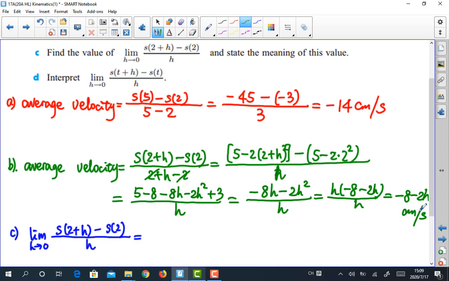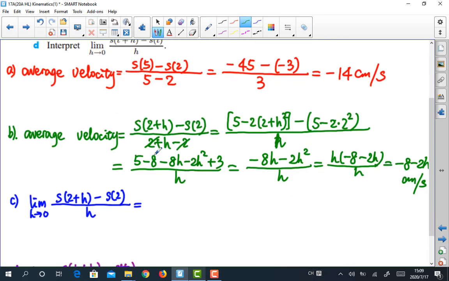So how can we find the value of this limit in C when h approaches 0? That means I'm just looking for the limit of negative 8 minus 2h when h approaches 0. So we can use the sub-in method. H equals 0, let's sub in. It should be negative 8 centimeters per second. What does this value represent?